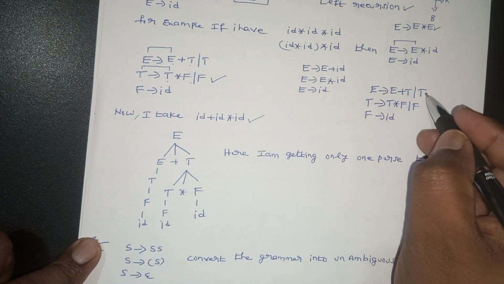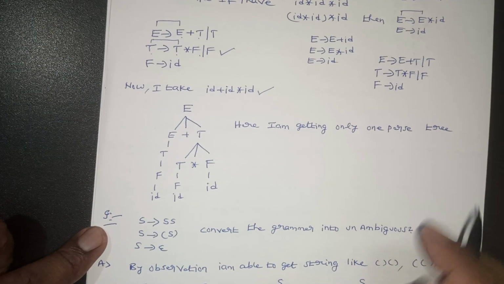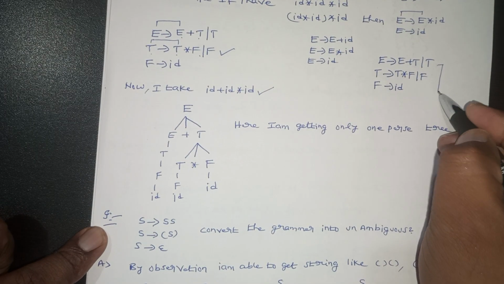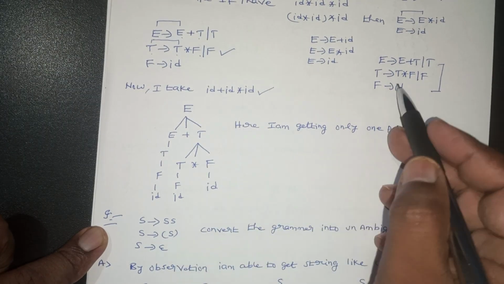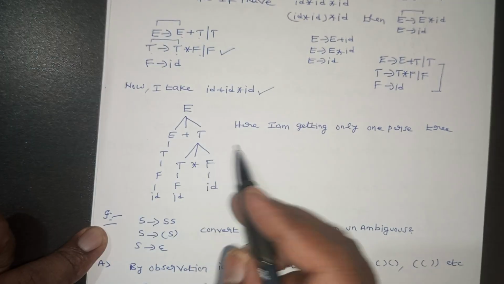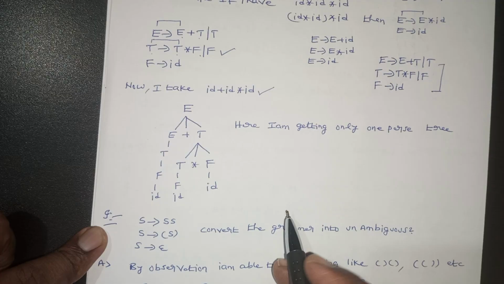Why I am writing like this, I'll tell. Listen. Now this is the unambiguous grammar. Now I want to generate this string using this grammar. You may take LMD, you may take RMD. I'm taking the parse tree for convenience.